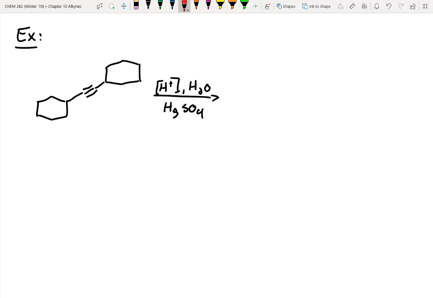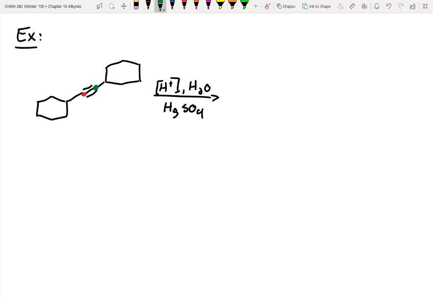And one side of the alkyne, I'll color code as red. The other side, I'll color code as green. Which side is going to get hydrated? One side's not more substituted over the other. There's no preference for hydration, which means we would just get one product, right?